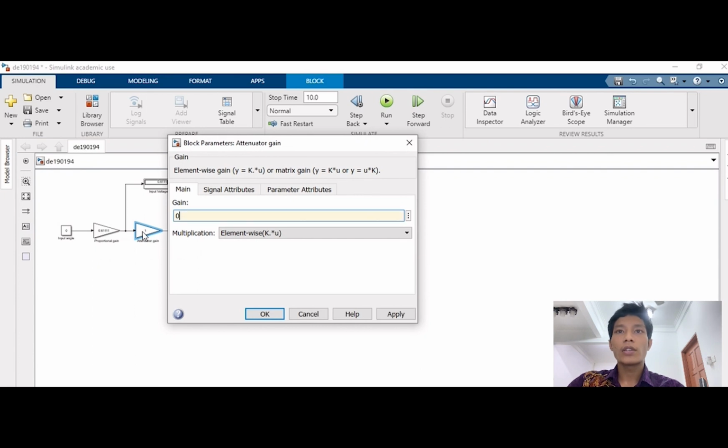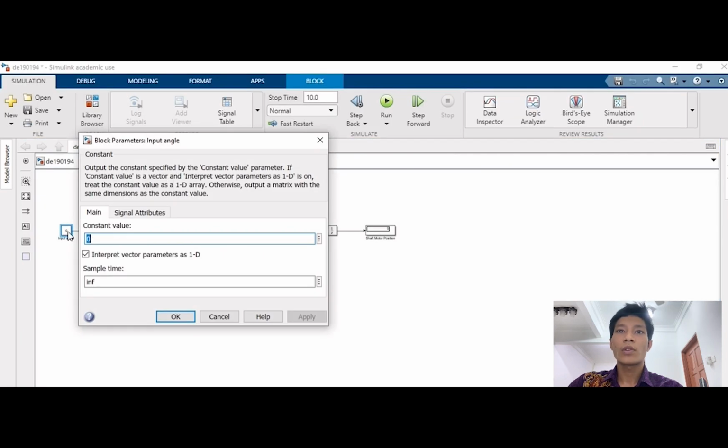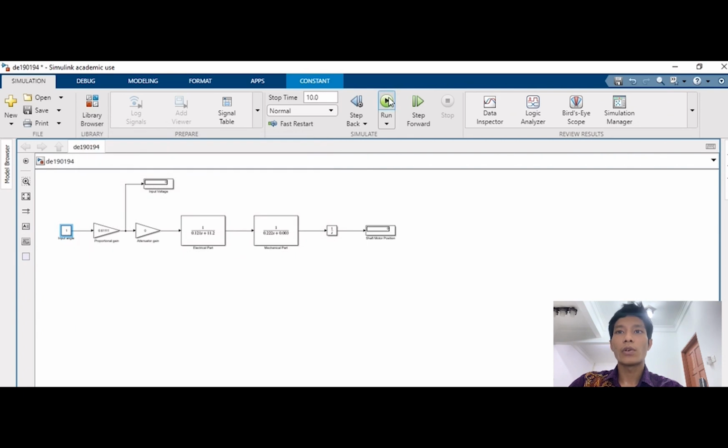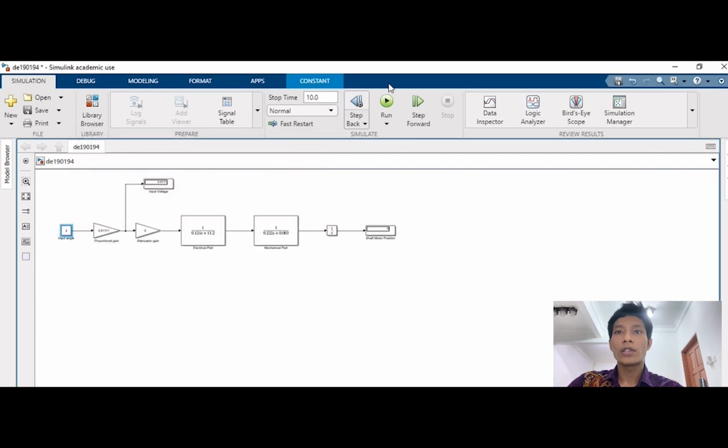For the input angle 0, the input voltage is 0 and the shaft motor position is 0. For input angle 1, the input voltage is 0.6111, shaft motor position is 0. For input angle 2, the input voltage is 1.222 and shaft motor position is 0.